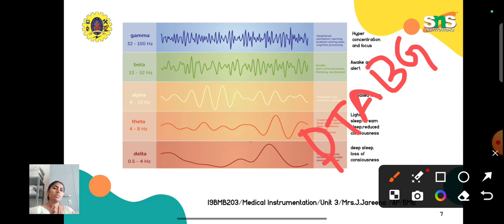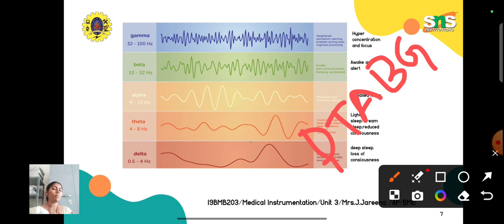In ECG we have two parameters, time and amplitude, and there are standard amplitudes, frequency and time for a normal ECG waveform. But in EEG we don't have standard amplitudes, whereas by means of frequency we have different classifications. The amplitude keeps on changing.